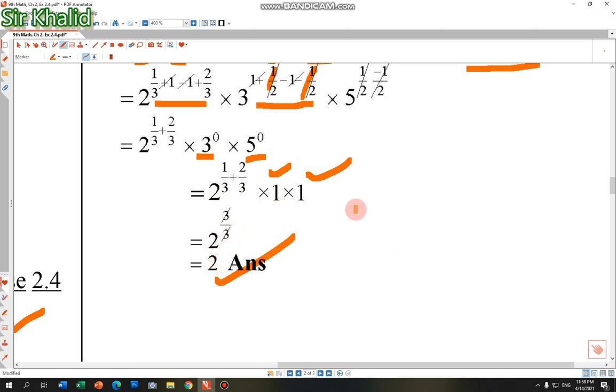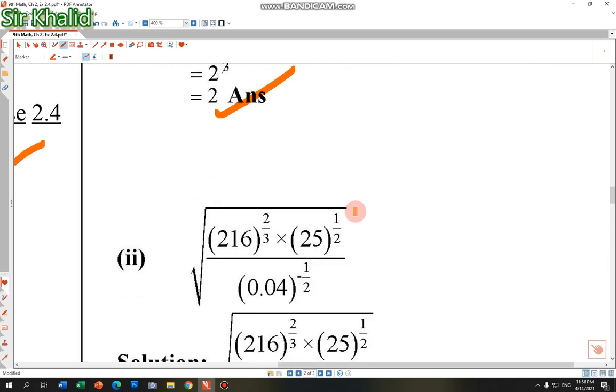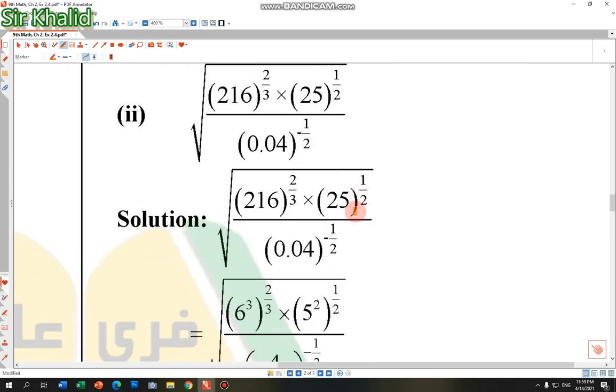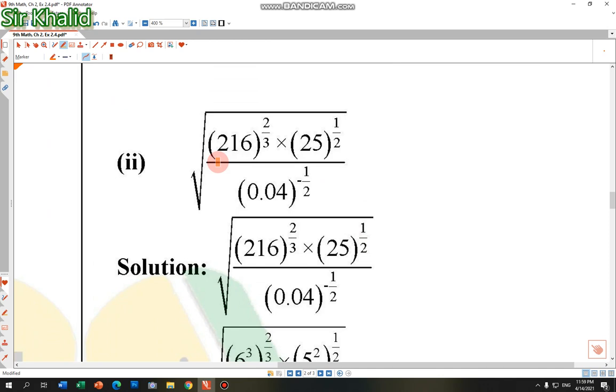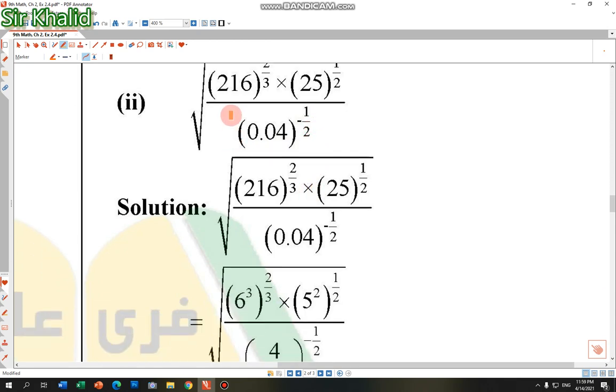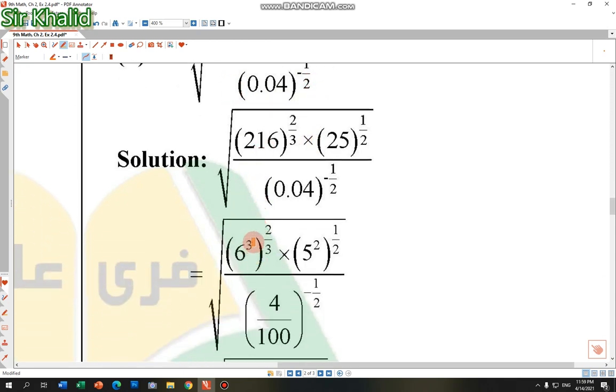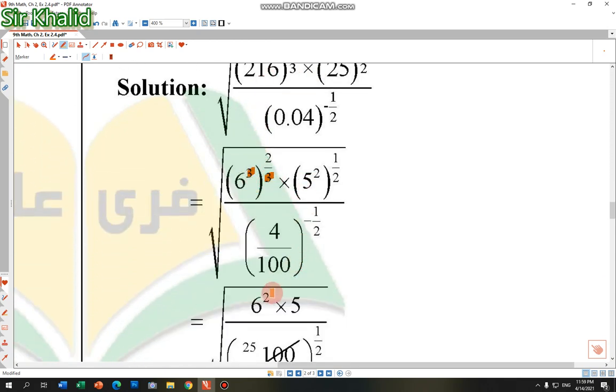A very famous question. 216 to the power 2/3 multiplied by 25 to the power 1/2, over 0.04 to the power minus 1/2. 216 can be written as 6 cubed. This will be cancelled by this, only 6 squared left. 25 can be written as 5 squared, into 1/2, it will give you 5.